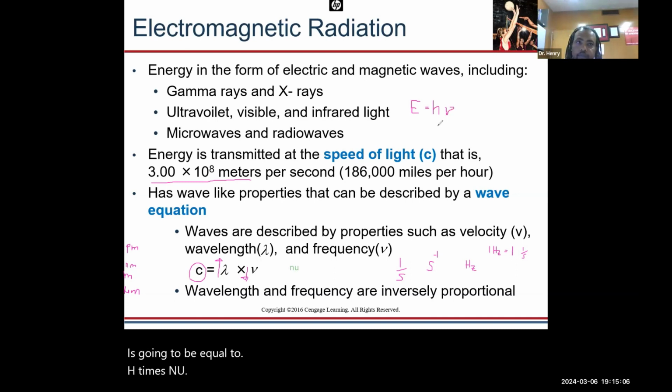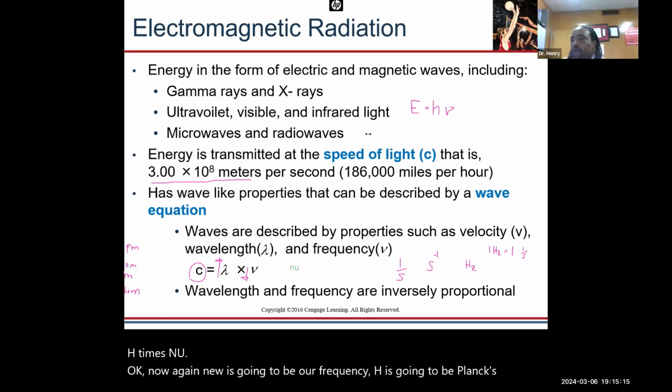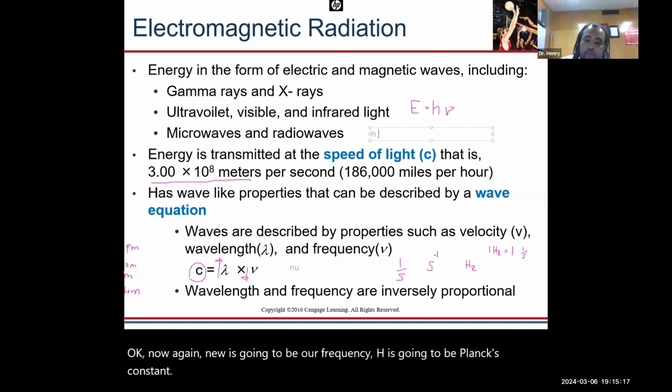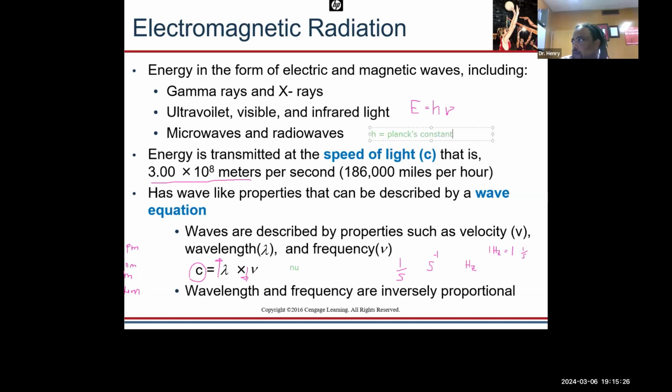Again, nu is going to be our frequency. h is going to be Planck's constant, and that's also going to be a constant.